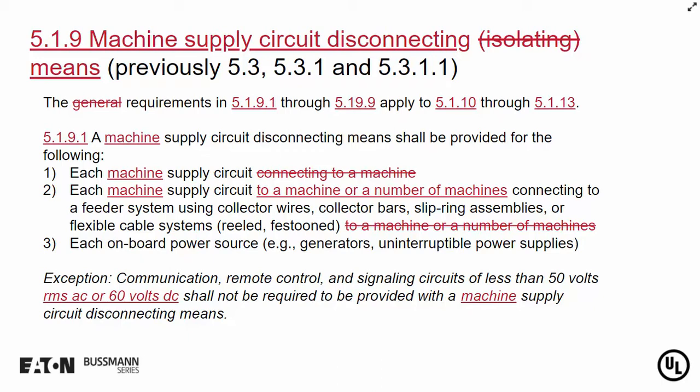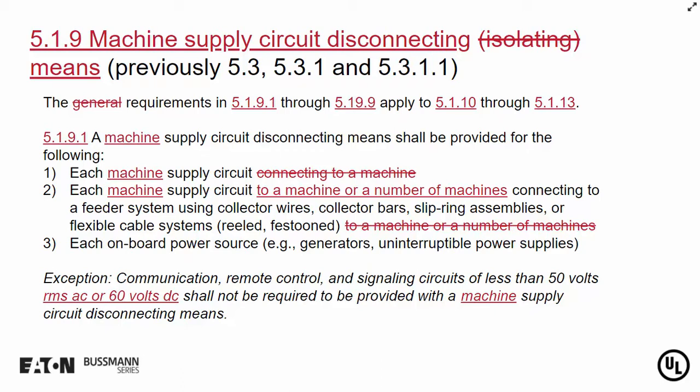Number 2 in the list is each machine supply circuit, and then we added some very important words: to a machine or a number of machines connecting to a feeder system using collector wires and so forth. So it's each machine supply circuit to an individual machine, or you could have a number of machines being fed from one supply. And then finally, with the exception, I mentioned there's a bit of a sidebar there.